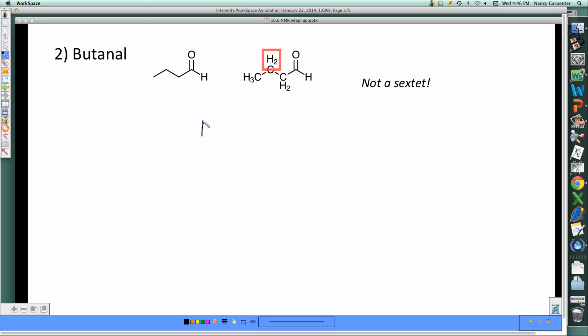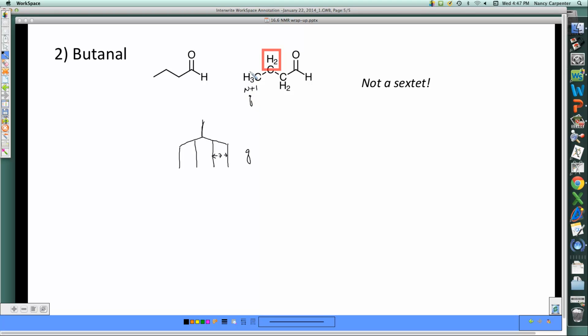So we know that these guys are going to be split into a quartet, n+1, by the adjacent methyl group. So there's my quartet, and each of these gaps should be roughly 7 Hertz based on what I know about regular old vicinal coupling. So that quartet is then also split by the adjacent CH2.